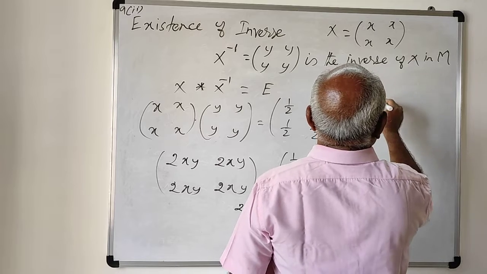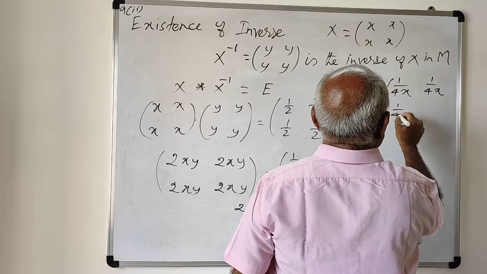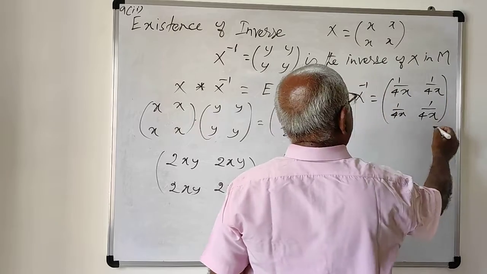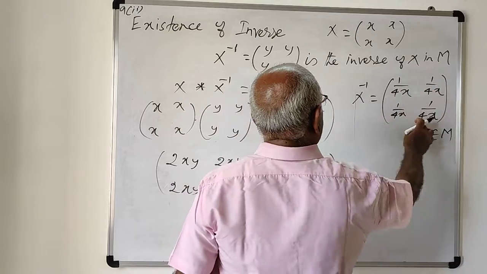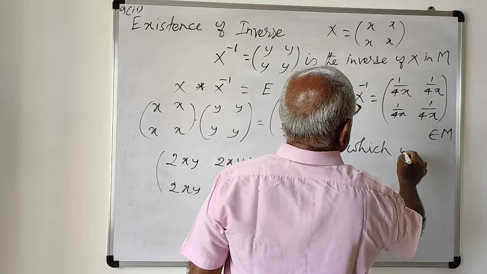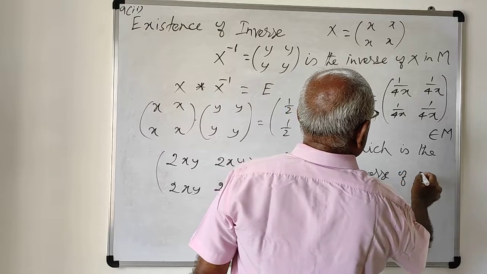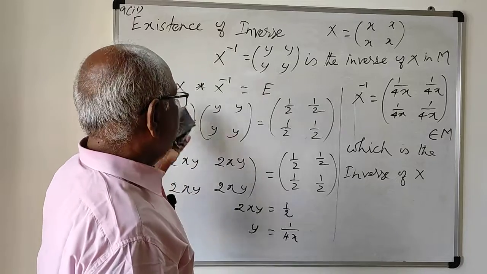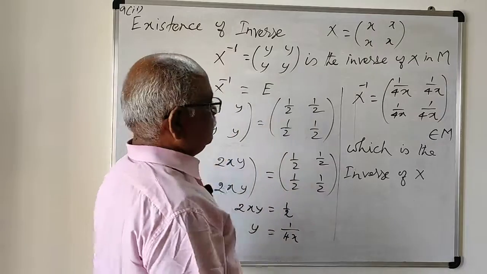Therefore, X inverse is the matrix with every entry 1 by 4x, which is also in the set M, and is the inverse of the element X. Hence all the properties are satisfied by the binary operation, matrix multiplication, on the set M. That is problem 9.